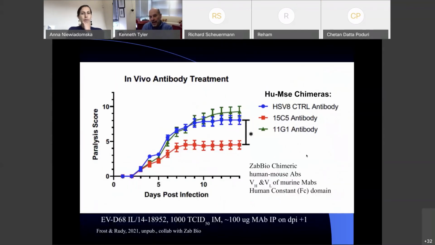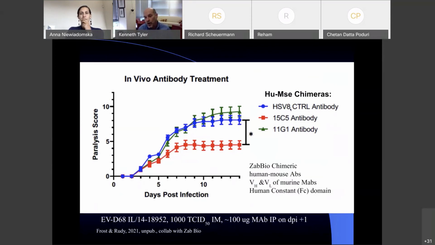If you put that antibody into mice in our model, you can see the red line, compared to blue and green, dramatically improves paralysis results in treated mice. 15C5 was one of the other antibodies against outer capsid proteins that wasn't effective in that prior paper, really on survival, and HSV8 is a similar human mouse chimera.